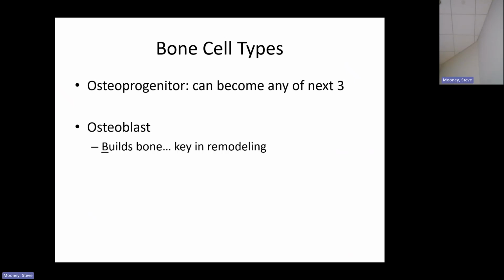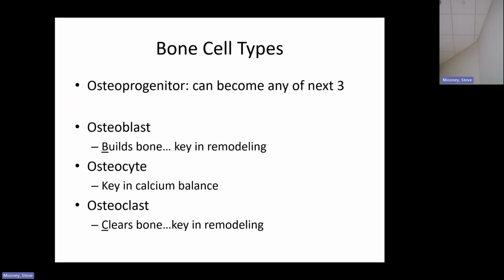So we'll start with the osteoblast. The osteoblast builds bone. It'd be really nice if they broke down bone. You could remember that really easy. Osteoblast, B for build bone. This is key in remodeling. Its pair in that activity is the osteoclast.